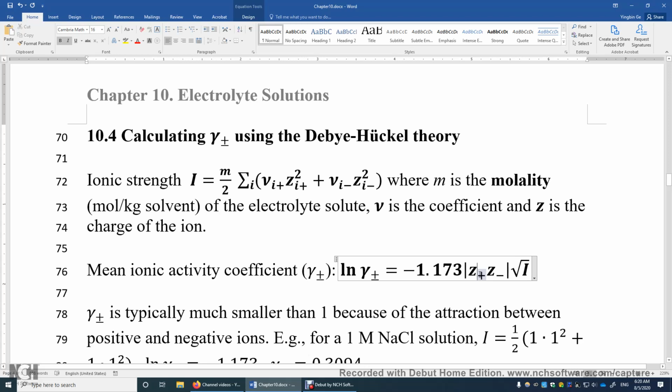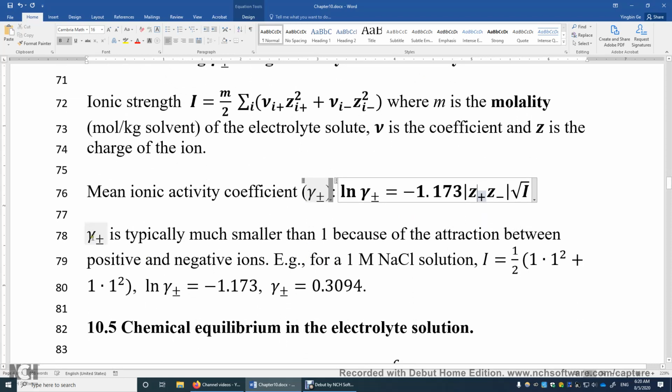So the activity coefficient is roughly e to the power of negative 24. That's a very, very small number for this 1 mole aluminum sulfate. Gamma plus minus is typically much smaller than 1 because of the attraction between the ions.